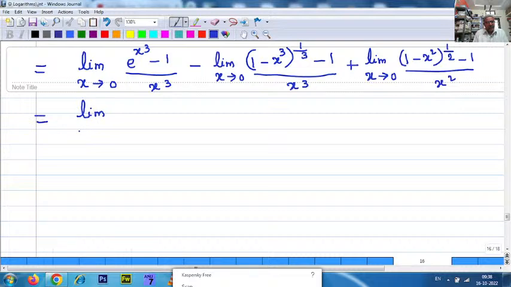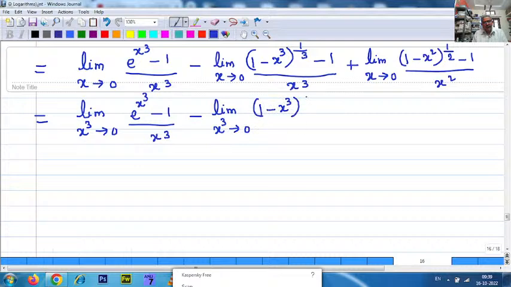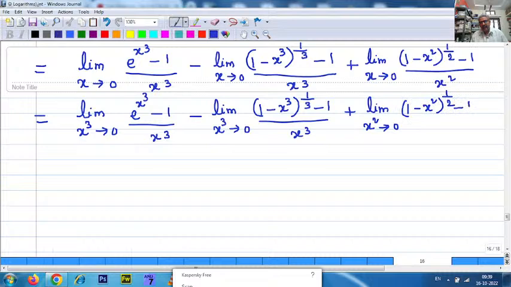For our convenience, this we can write limit x cube tends to 0, e power x cube minus 1 upon x cube, minus this can be written limit x cube tends to 0, 1 minus x cube whole to the power of 1 by 3 minus 1 upon x cube, plus this can be written limit x square tends to 0, clear? 1 minus x square whole to the power of 1 by 2 minus 1 upon x square.